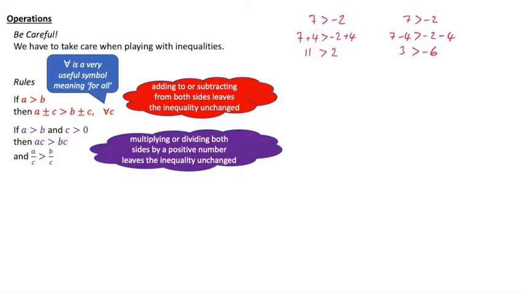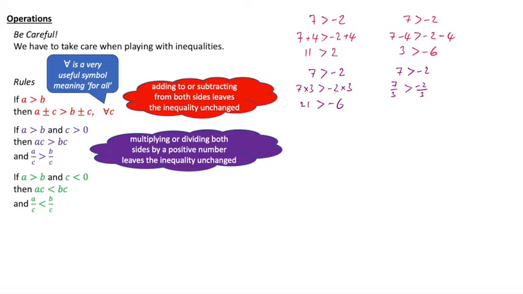It's very important that it's positive, because we'll see in a moment that if it's negative, that's not the case. So again, 7 is greater than minus 2. If we times both sides by 3, we end up with 21 is greater than minus 6, which is true. And if we divide by 3, we end up with 7/3 is greater than minus 2/3, which we can see is also true.